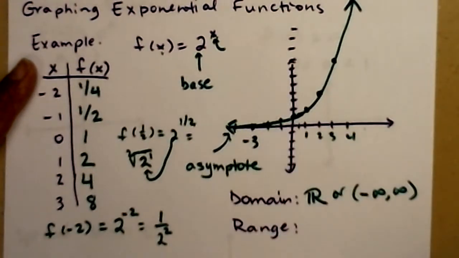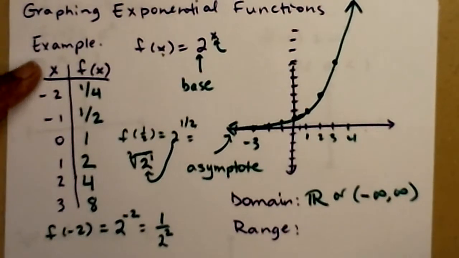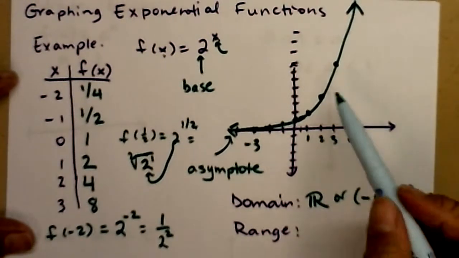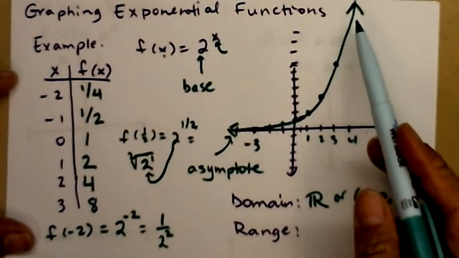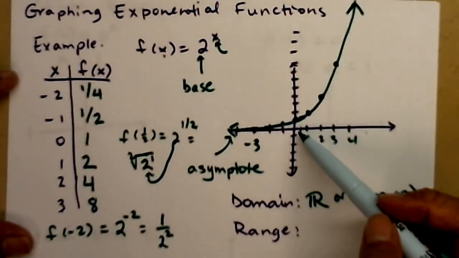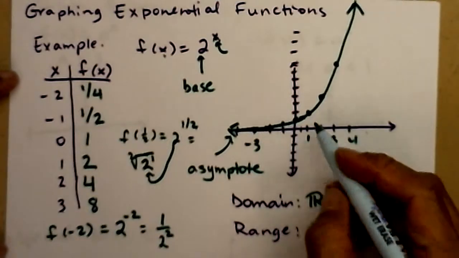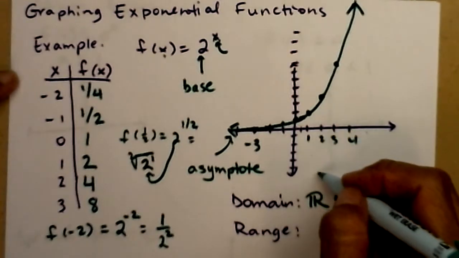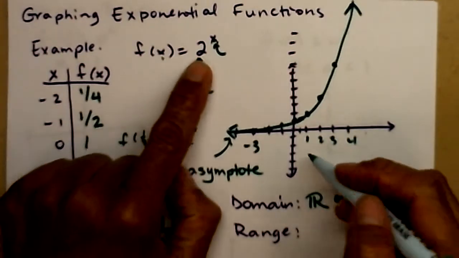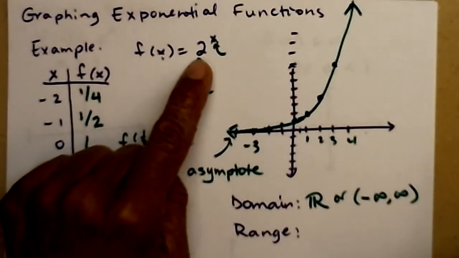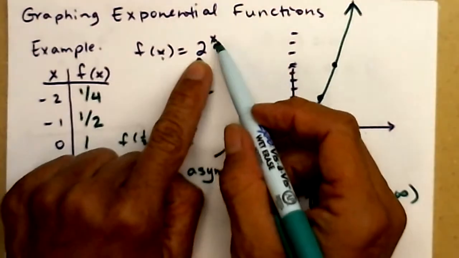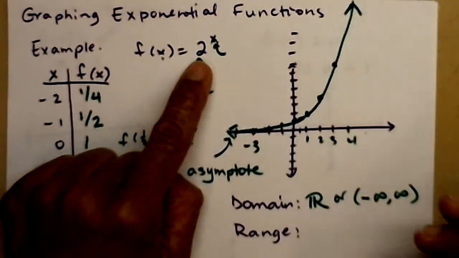Now about the range, what kind of y values are we getting out? Well, I've got lots of positive ones. I can't get negative, so there's nothing I can take the number 2 and raise it to turn it negative. And there's nothing I can raise it to get it to be 0.